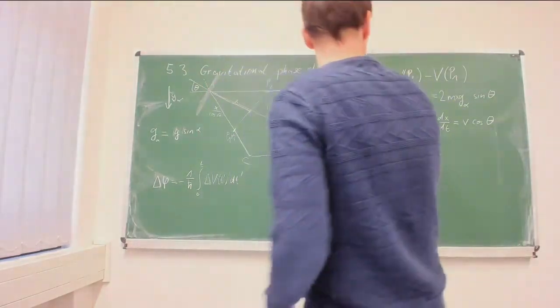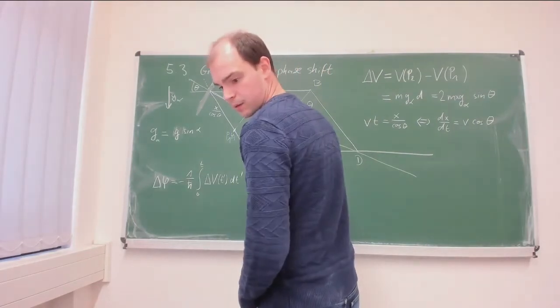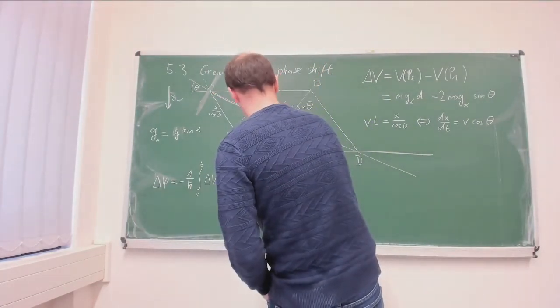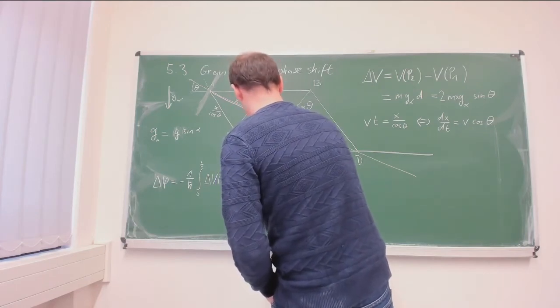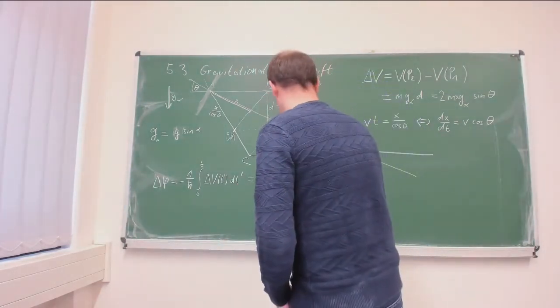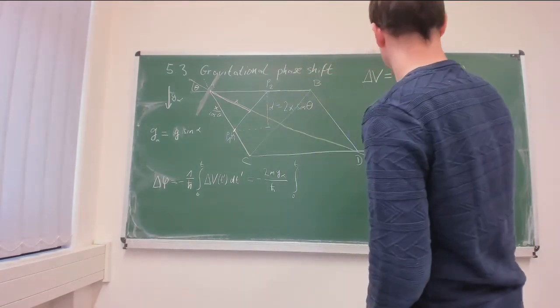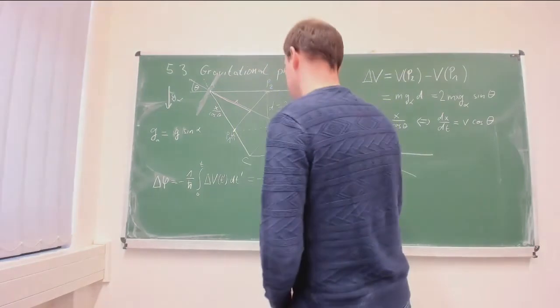Now we just insert our delta V here. So we can write this as minus 2m g alpha divided by h bar, so all the constants, integral 0 to t, and what we have left is x sine theta.